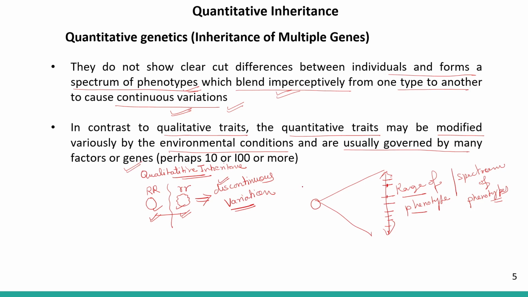So here we will have a number of genes, not a single gene, whereas the qualitative trait is governed by a single gene, with no involvement of environmental factors.